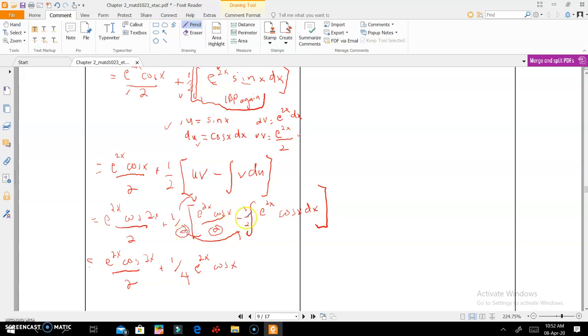So 1 over 2 multiply with another 1 over 2, it will be minus 1 over 4 integrate exponent 2x cos x.